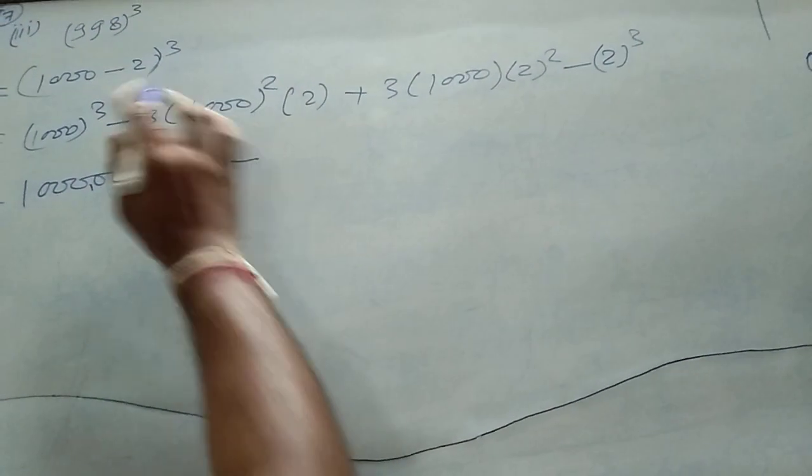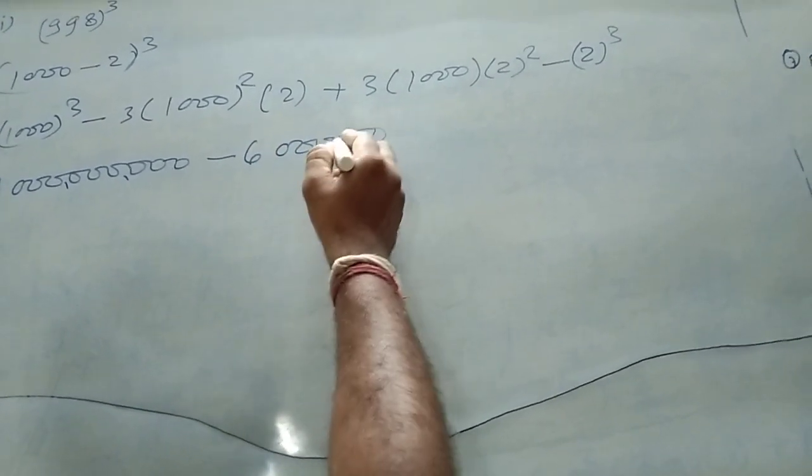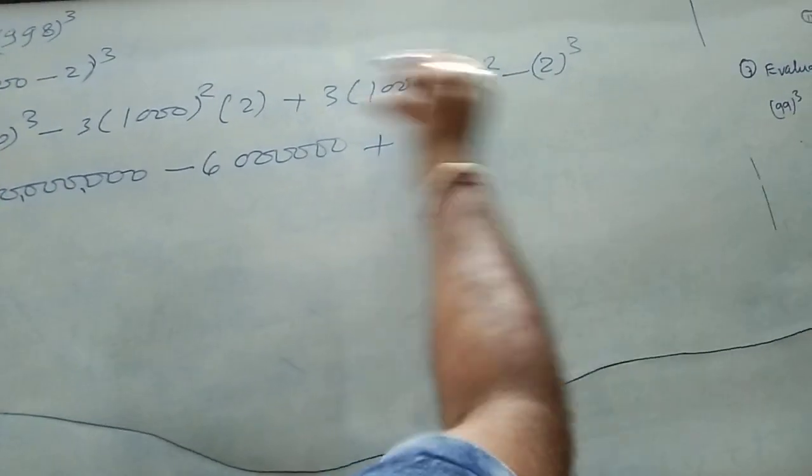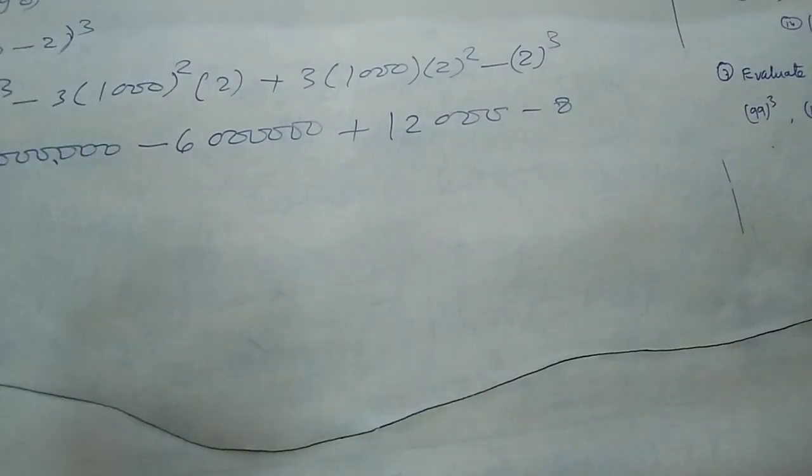Now 3 × 2 = 6, 6 times 0, plus 2 × 2 = 4, 3 × 4 = 12, then 12,000 and minus 8.